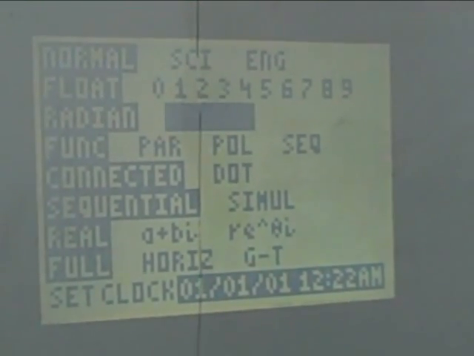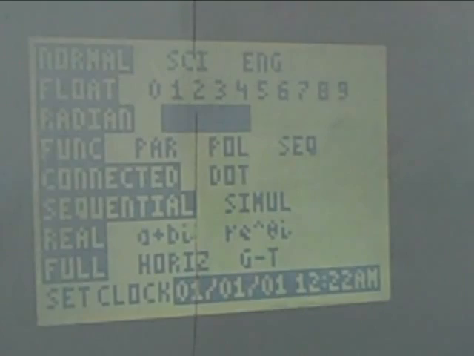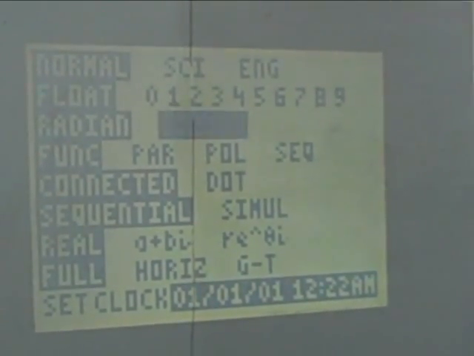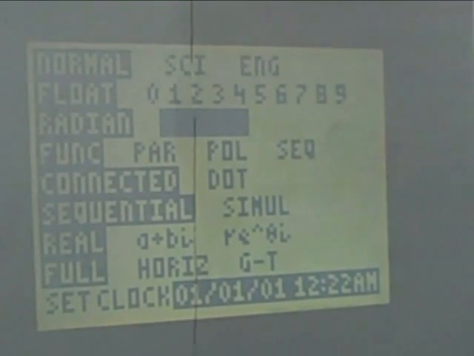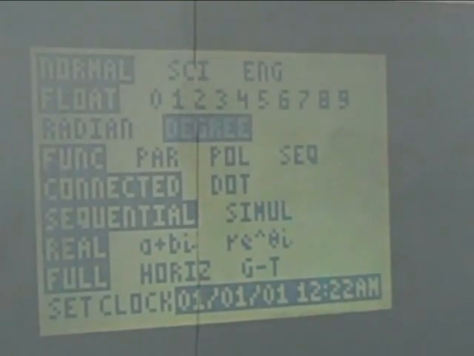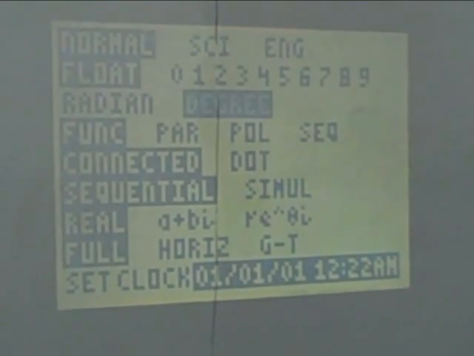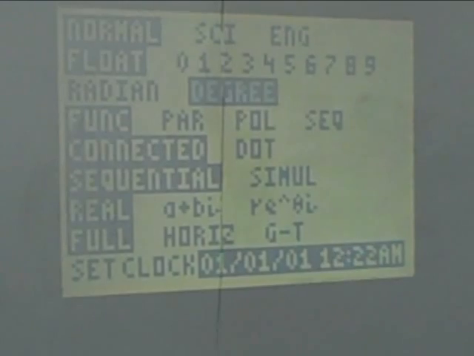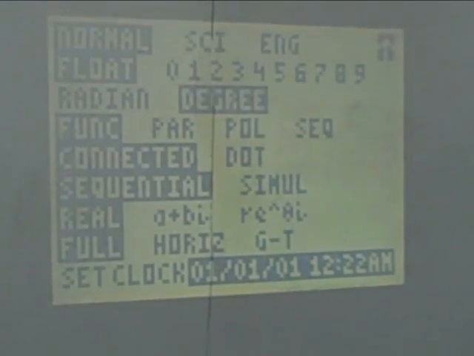And since we're talking about the tangent of 63 degrees, we need to have this as degree. So just move over to the right where degree is flashing, press enter to lock it in, and now your calculator is in degrees. All right, so now I'm going to press second quit or second mode and go back to my home screen.